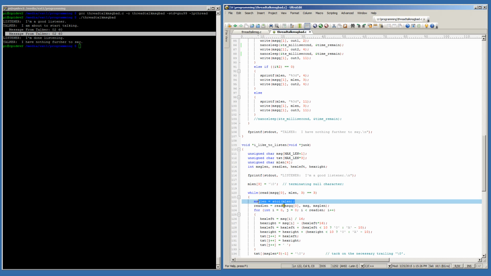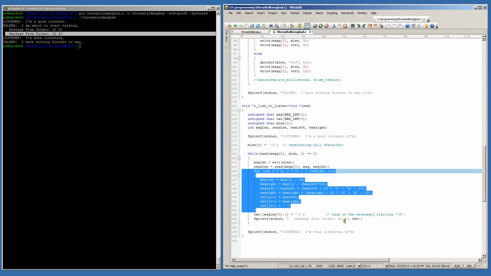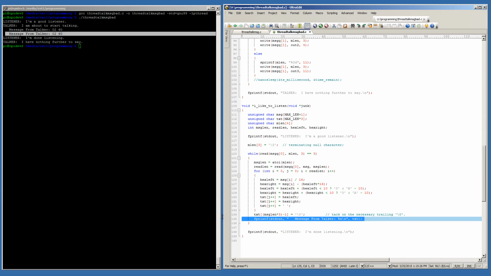Since the read was passed a 0 length, the read returns without doing anything. And since the read length is also 0 here, this condition is already false, and the for loop doesn't actually do anything. Since it doesn't do anything, the exact same message is put back out onto the standard output.